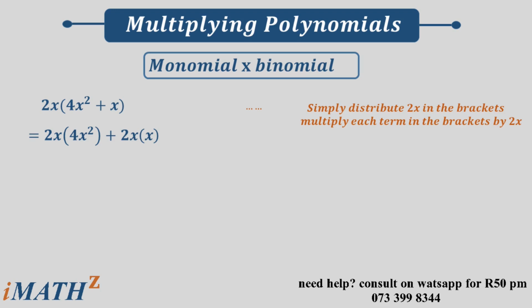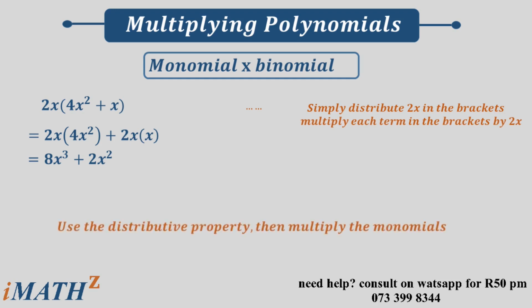The first term would give us 8x cubed, and the second term would give us 2x squared. In summary, to multiply a monomial by a binomial, use the distributive property, then multiply each term in the brackets by the monomial in front of the brackets.